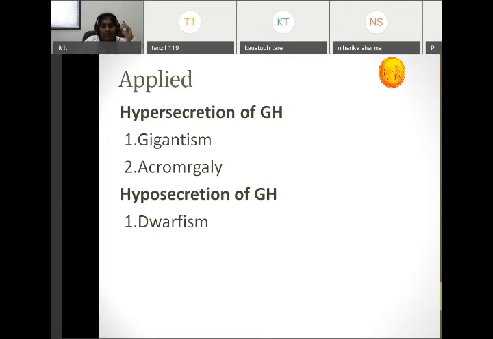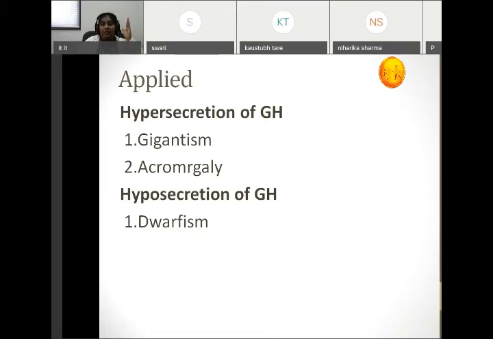Now, normal height of a person, male or female, is 6.1 or 6.2 hardly. But in giantism, what is the critical feature? Because it is before puberty, excess secretion may increase the height up to 7 to 8 feet.